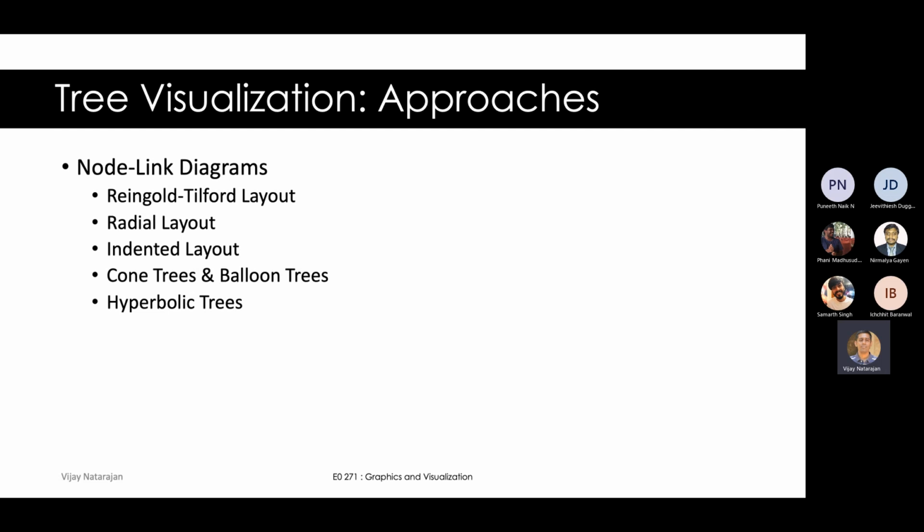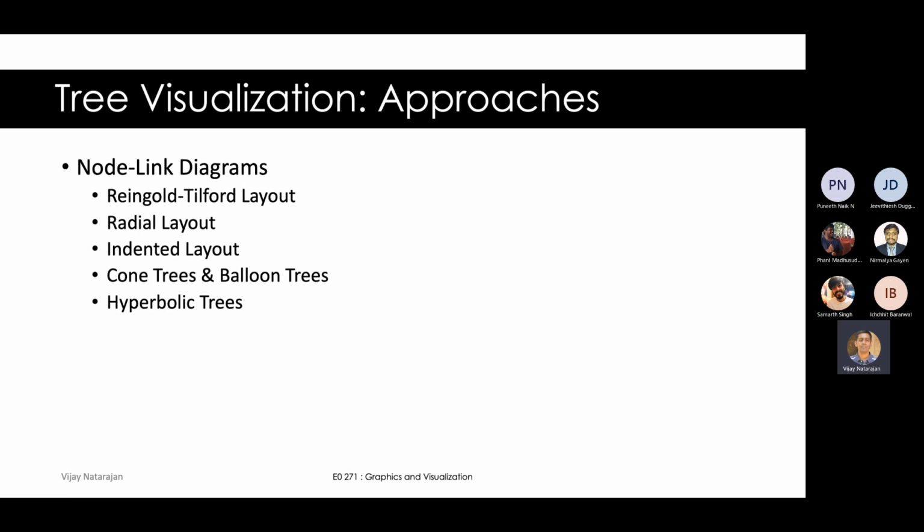So there are several types of trees. That was what I had talked about so far. What are the approaches for tree visualization or tree layout? Let's talk about layouts first. There are three types of layouts. One is called the node link diagrams.